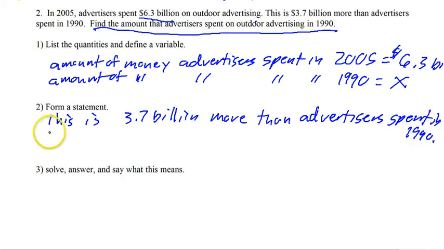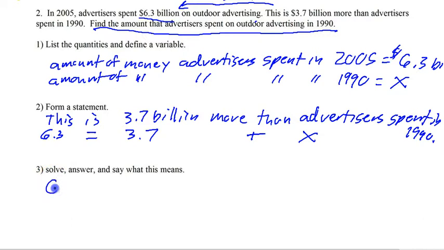Okay, so this again refers to the previous, which was 6.3. I'm going to leave off the billion this time. That equals 3.7 more than, plus, advertisers spent in 1990. What was the amount of money advertisers spent in 1990? Give you a hint. It's right there. Exactly. It's X. And then there's our equation again.